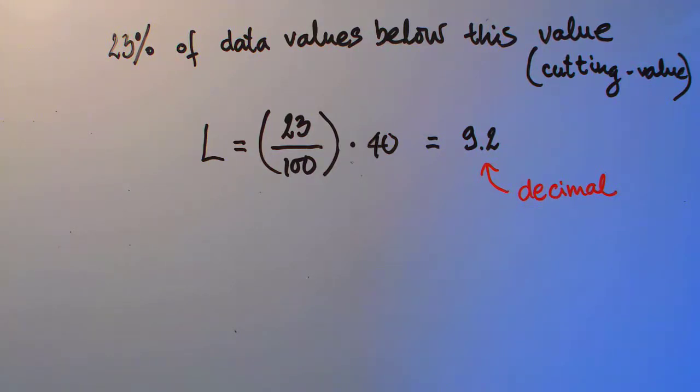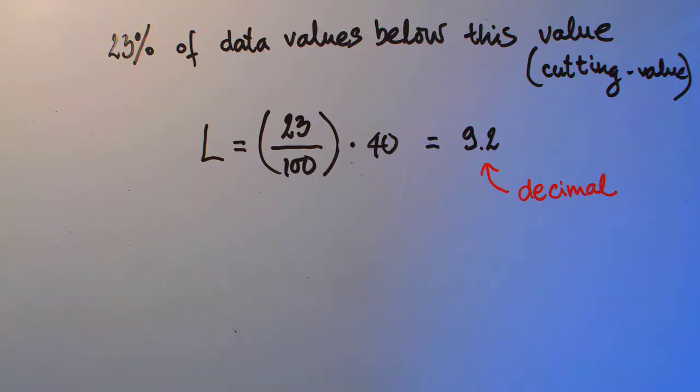In our case in particular, we ran into a decimal locator. Once again, the idea of the locator is to locate which position your data value is in the data set.